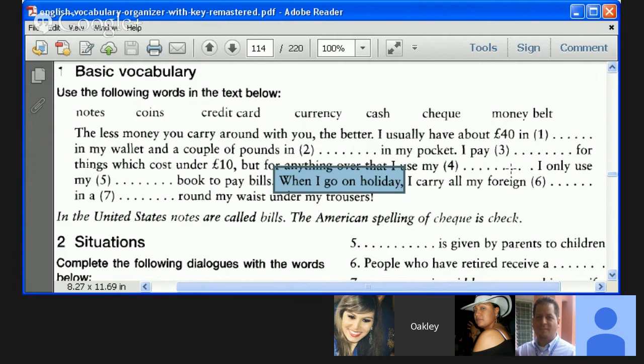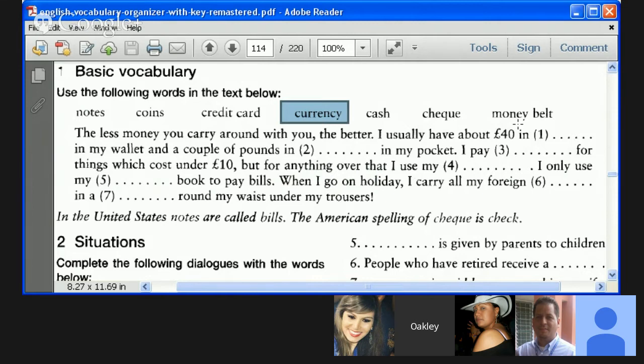So the common collocation with foreign, you're in a foreign country, so you have foreign currency. Those two words go together, foreign currency. That just means your money. Currency are like dollars, euros, pesos, yuan. Those are currencies.